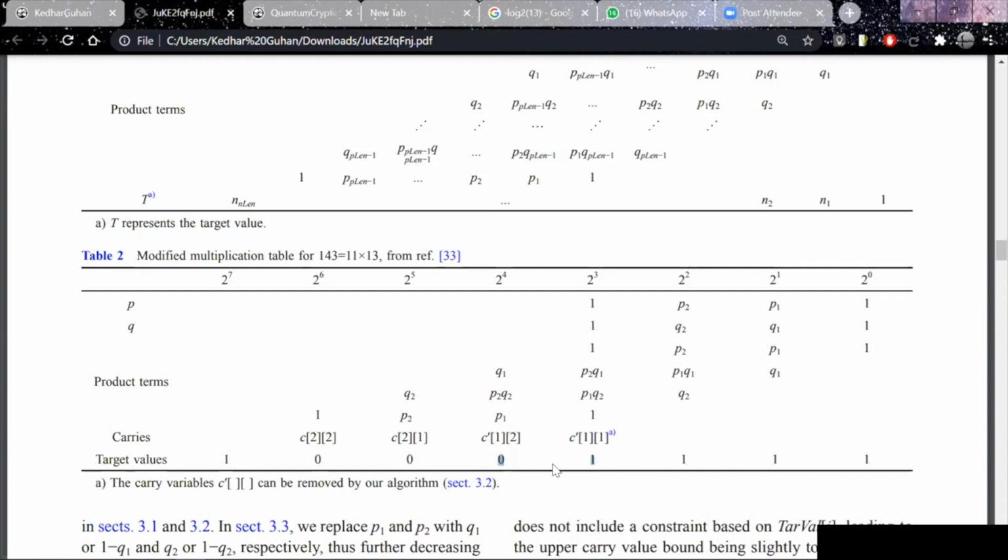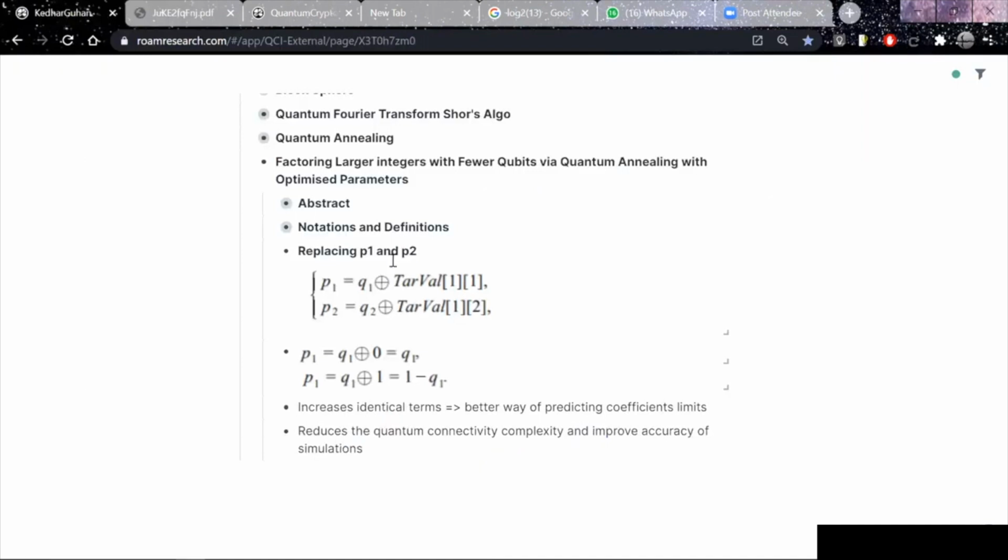That's what we call target variables, the number that we want to factorize. So this will be the target value of 1 1, and this would be the target value of 1 0. Using these, we use this rule to replace P1 and P2: P1 as Q1 XORed with target value 1 1, and P2 as Q2 XORed with target value 1 2.